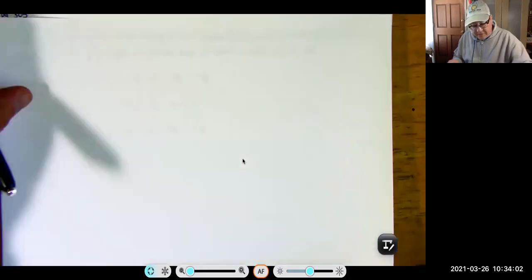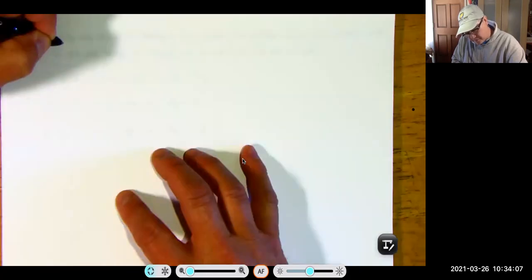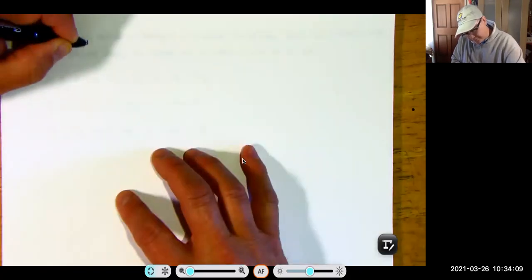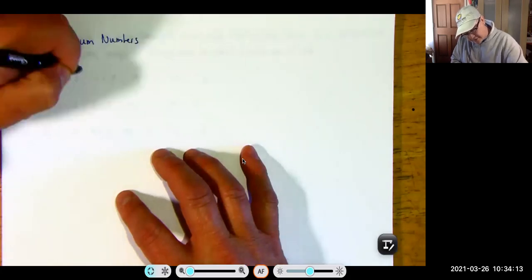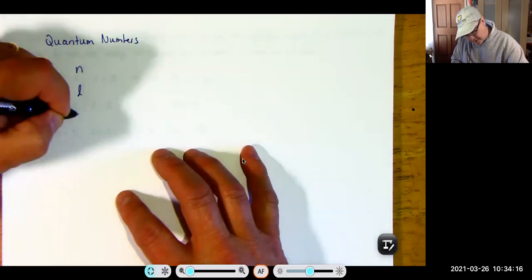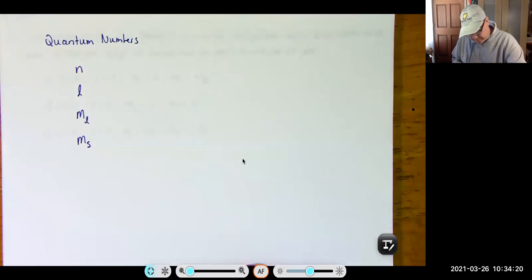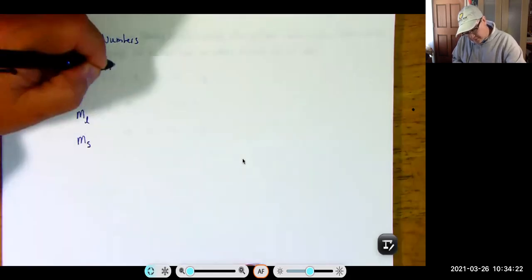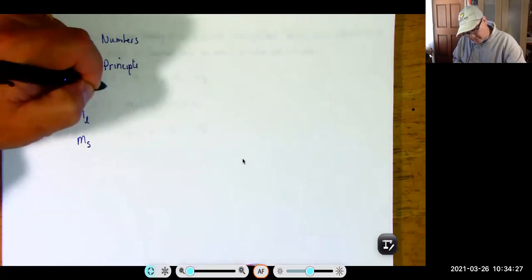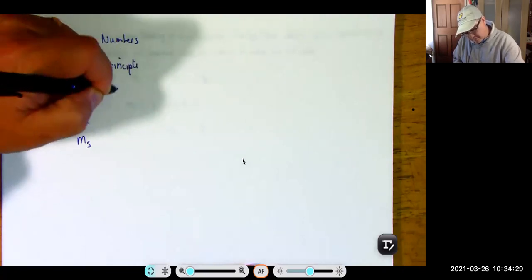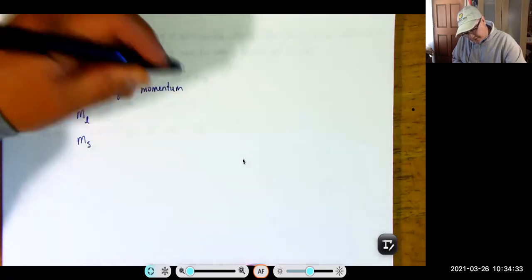So let's look at quantum numbers again. There's N, there's L, there's M sub L, and there's what's called M sub S. This is the principal. This is the angular momentum. This is the magnetic.